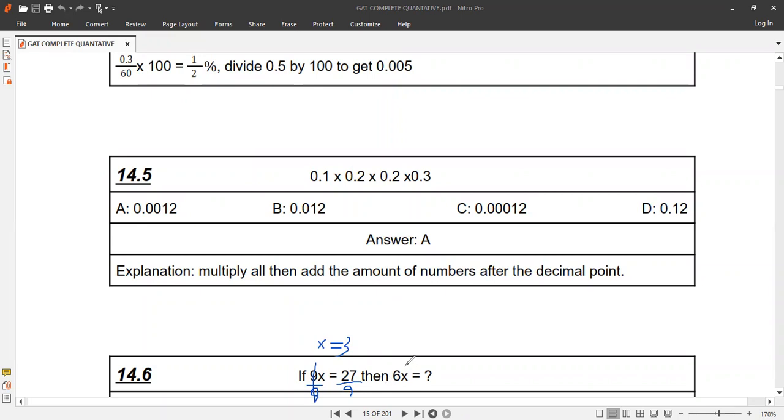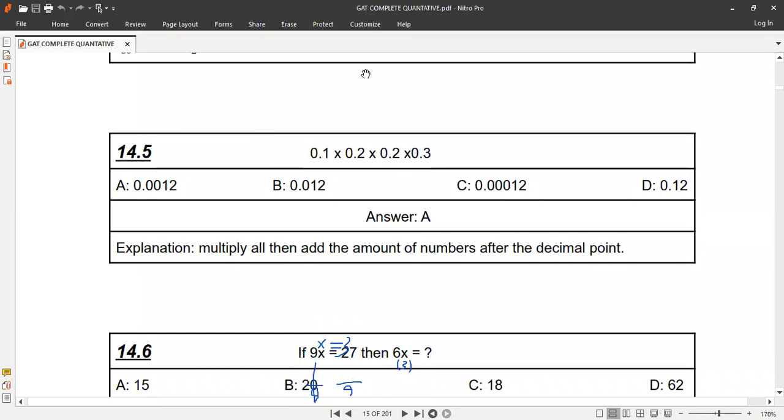Now 6x, it means 6 multiplied by 3 equals 18. Simply the answer is 18. So the answer is C.